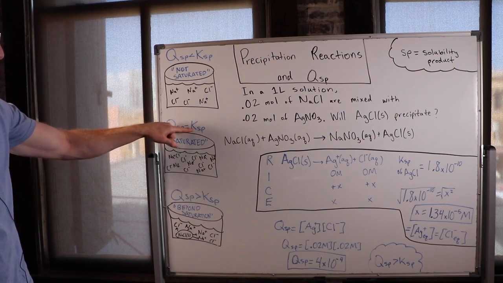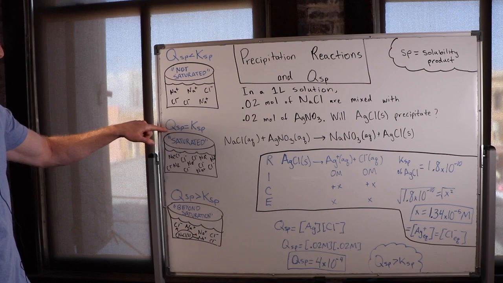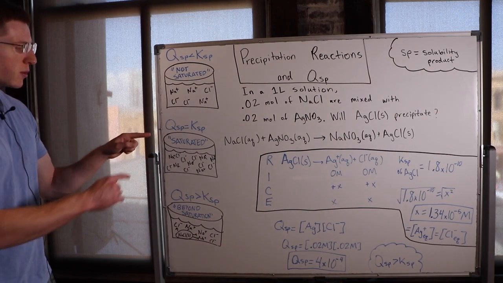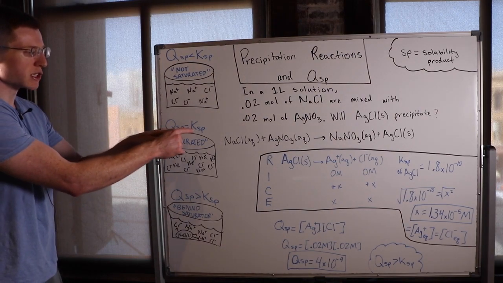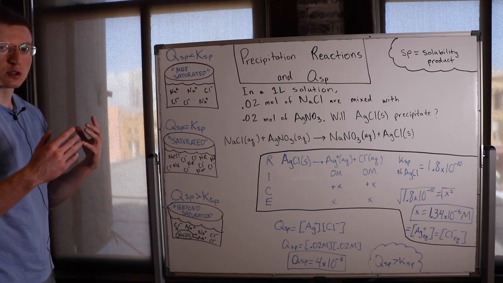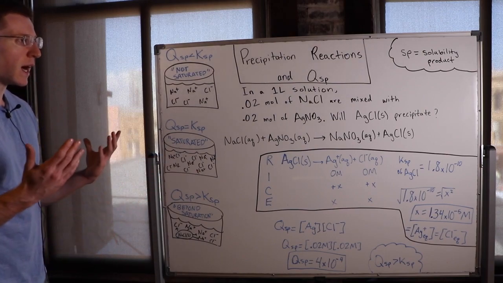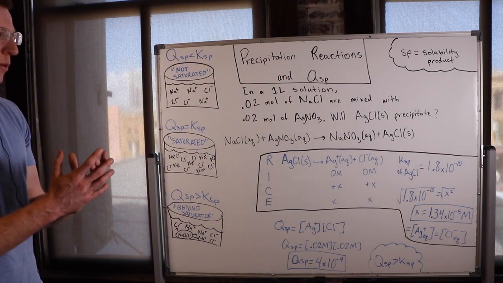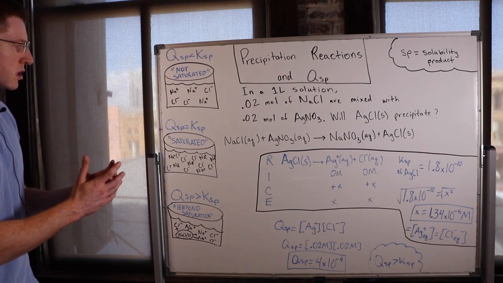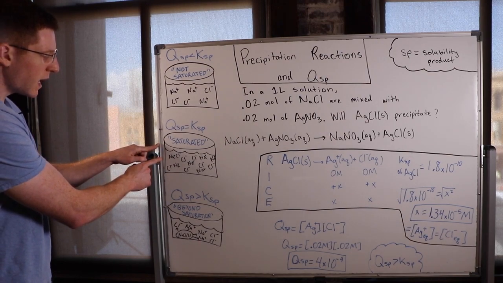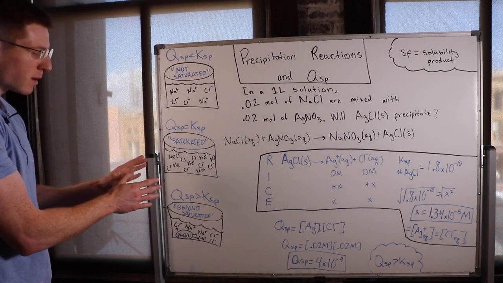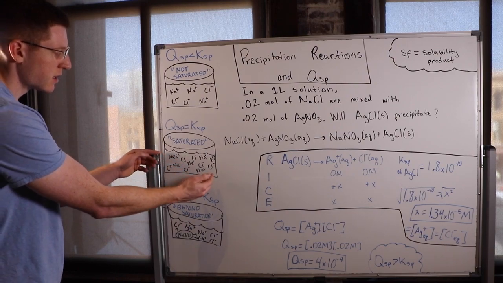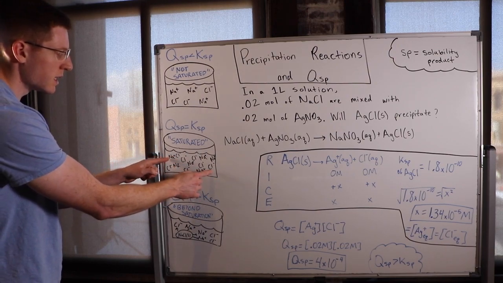So when Ksp is reached, in other words, when Qsp equals Ksp, when the state of the reaction is at equilibrium, we call a solution saturated with ions, for example, because we know precipitation reactions are ions forming their solid compounds. So in this scenario, we have the exact maximum amount of ions that could precipitate into a solid in solution.